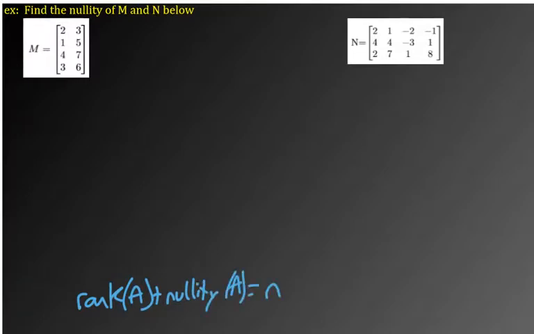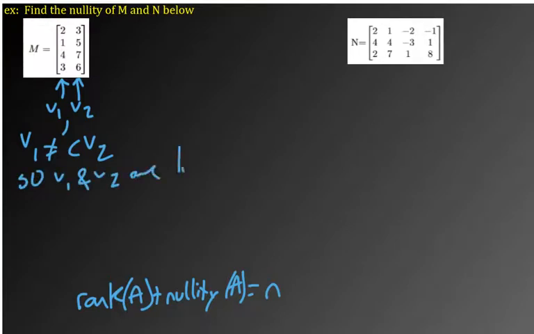For this one, I've only got 2 vectors here, so I'm going to think about the column space. If I call these V1 and V2, V1 is not a scalar multiple of V2, so V1 and V2 are linearly independent.